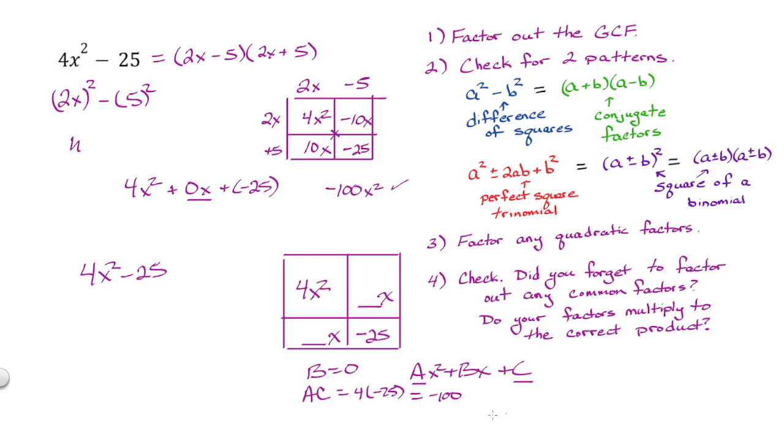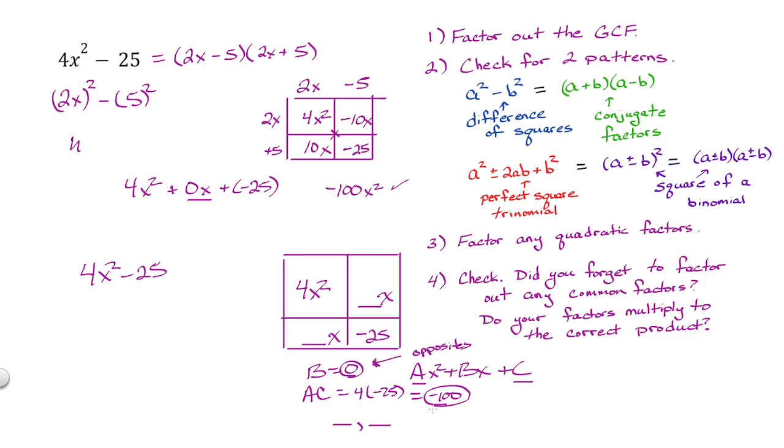I'm looking for two numbers that multiply to negative 100 but add to 0. Because they add to 0, that's a pretty easy place to start. We know they're going to be opposites. If we ever have a sum of two numbers equaling 0, the two numbers must be opposites.